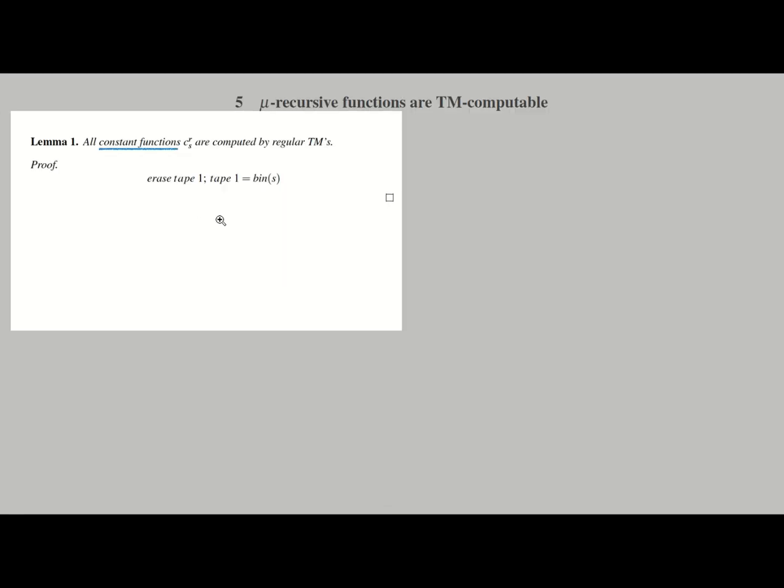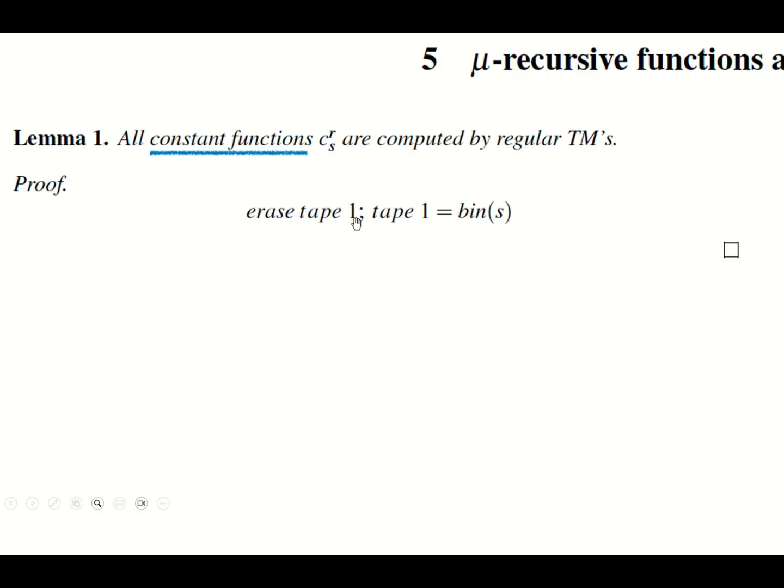Let's just emphasize one thing. What is this Turing machine? Remember, we constructed a Turing machine on previous slides that erases tape 1. So this TM that computes the constant function (r, s) should take r many inputs and always output s. This is what it does. So let's say s is 7, so it takes 5 inputs and always outputs 7.